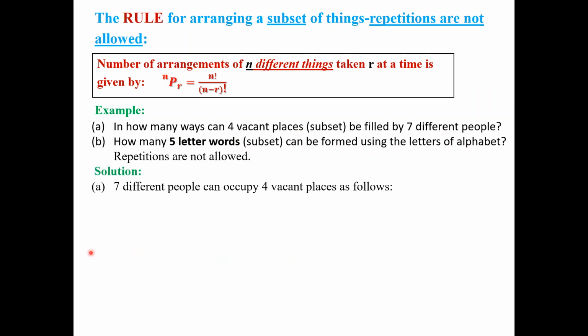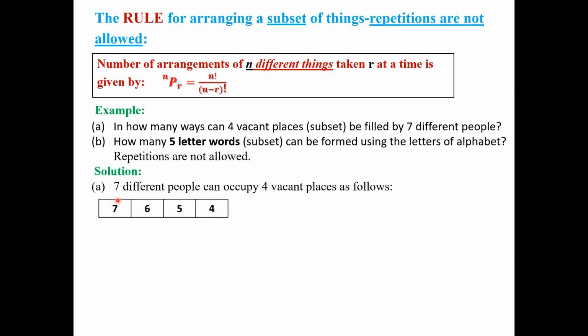Solution in A: 7 different people can occupy 4 vacant places as follows. I've come up with 4 columns to represent the 4 vacant places, that is, vacant place number 1, 2, 3, 4.